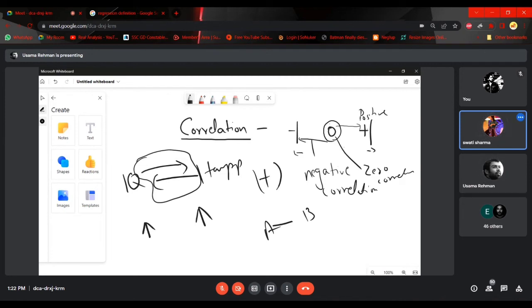Have you guys heard of independent and dependent variables? What is that? An independent variable is one which is independent, not related to the other variable, and the other variable is dependent on the first variable.